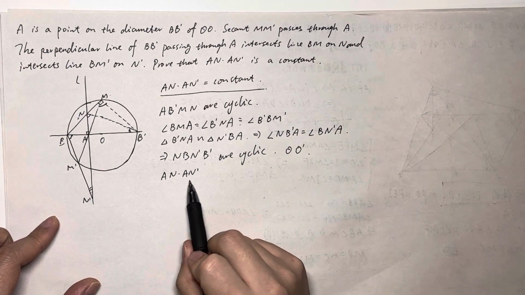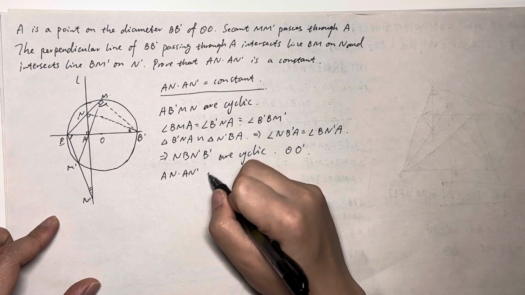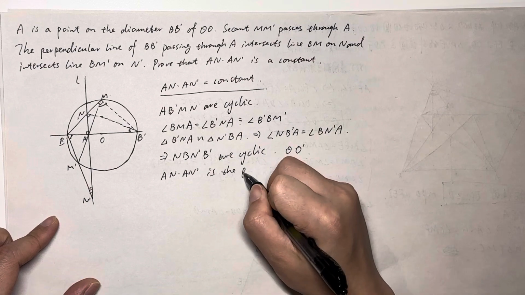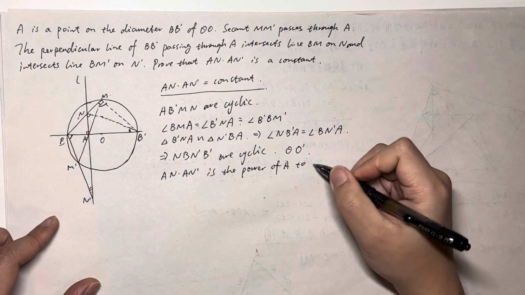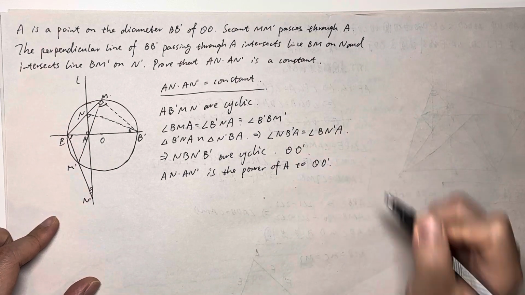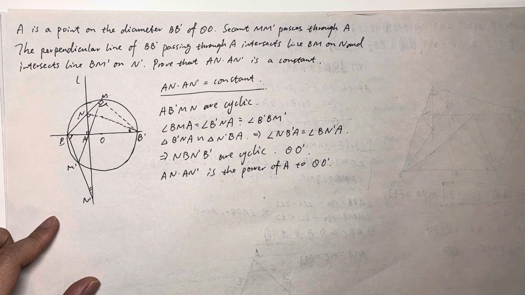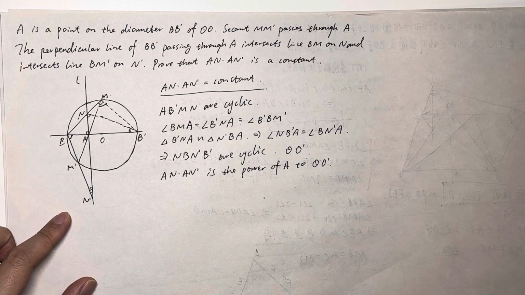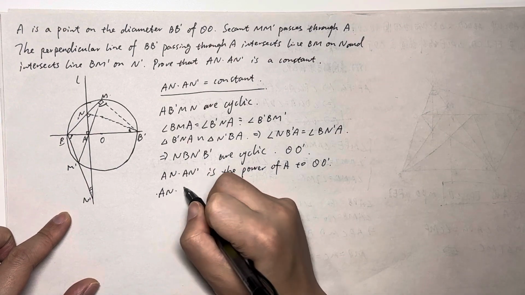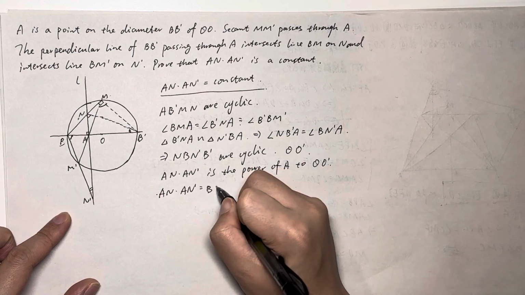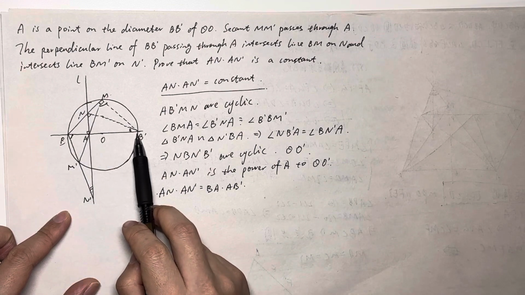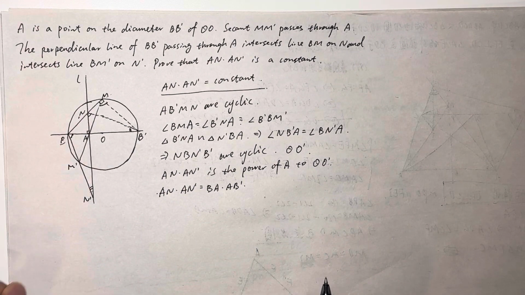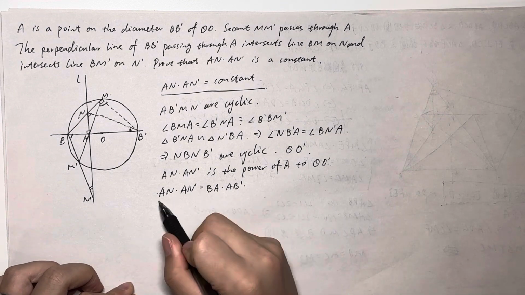Then AN times AN prime is the power of A to circle O prime, and it should equal BA times AB prime, because BA times AB prime is also the power of A to circle O prime. Which means we just need to find that constant.